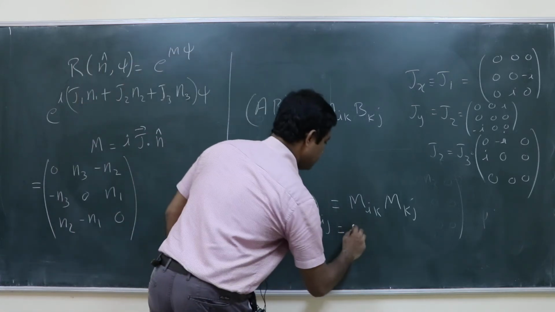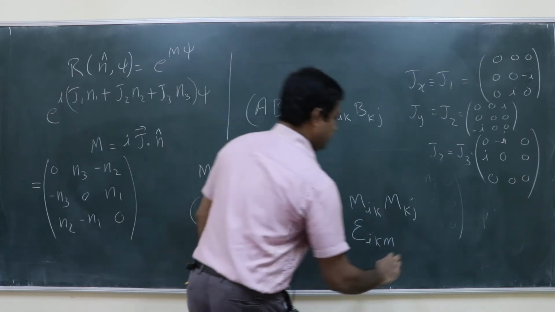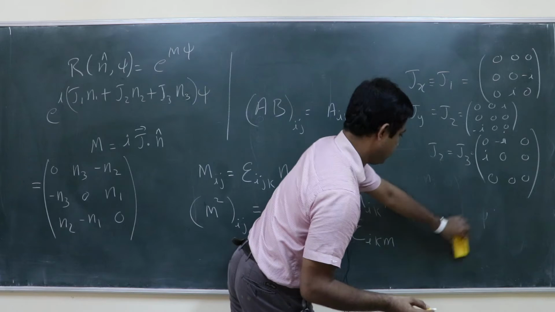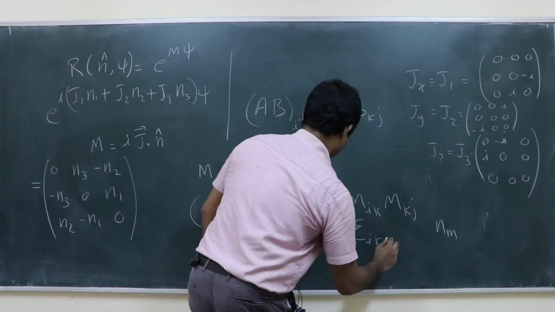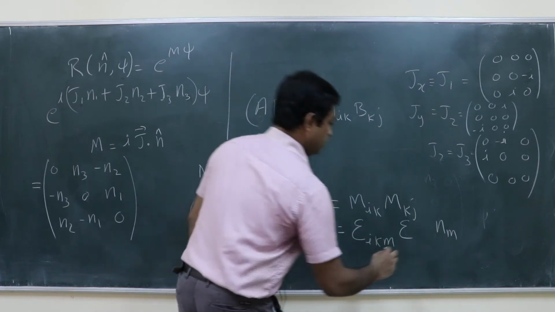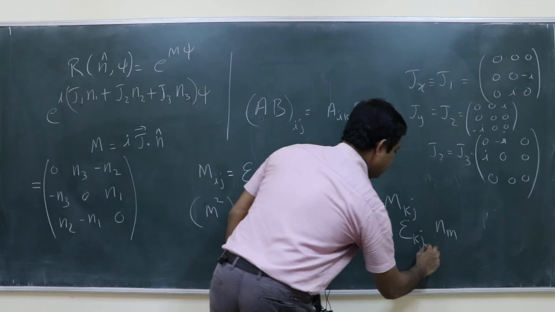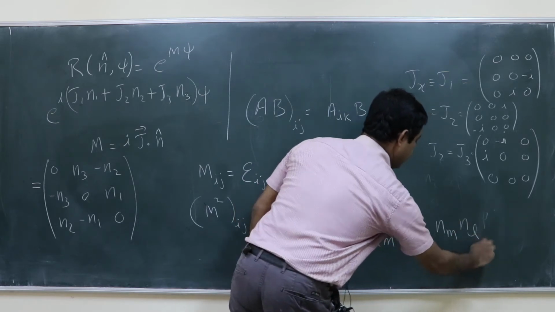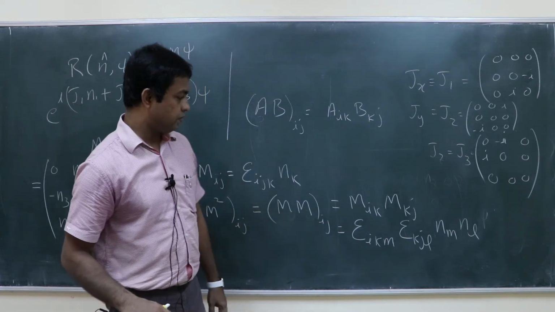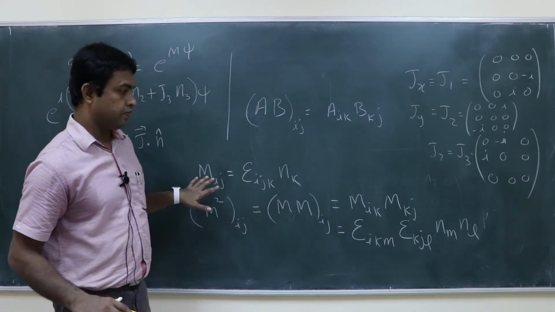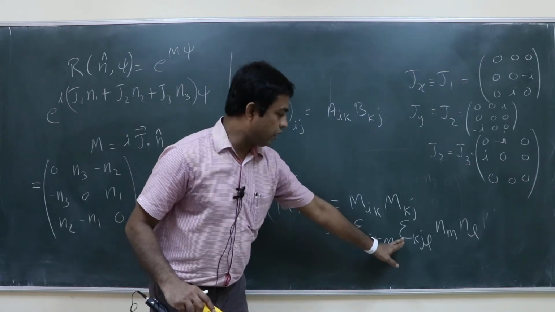Epsilon ikm nm, and another one, epsilon kjl nl, right? Is it correct? Yes, sir. So what is epsilon ikm times epsilon kjl?